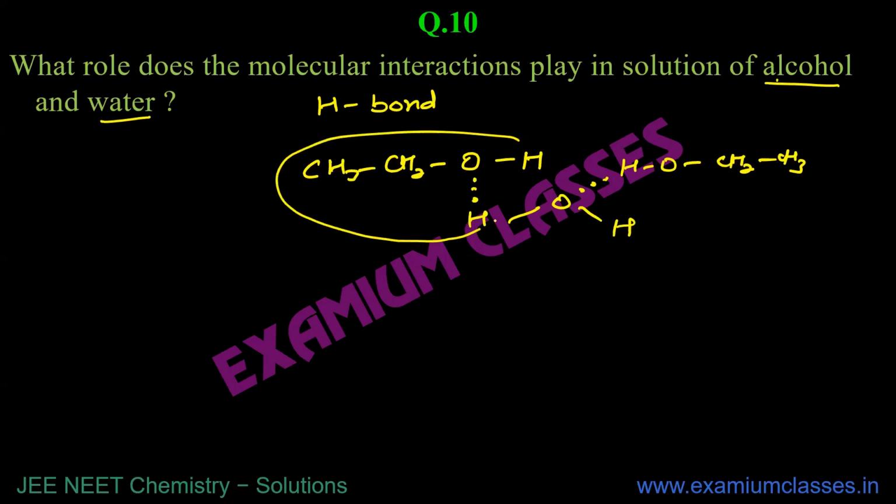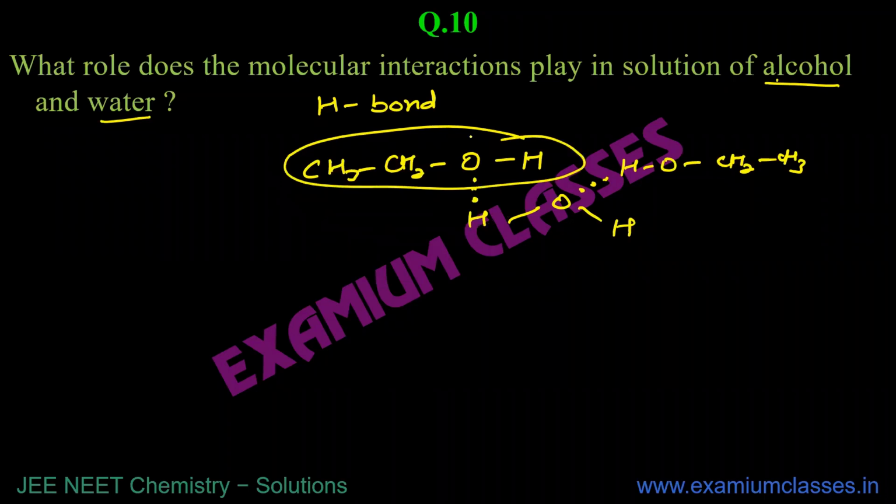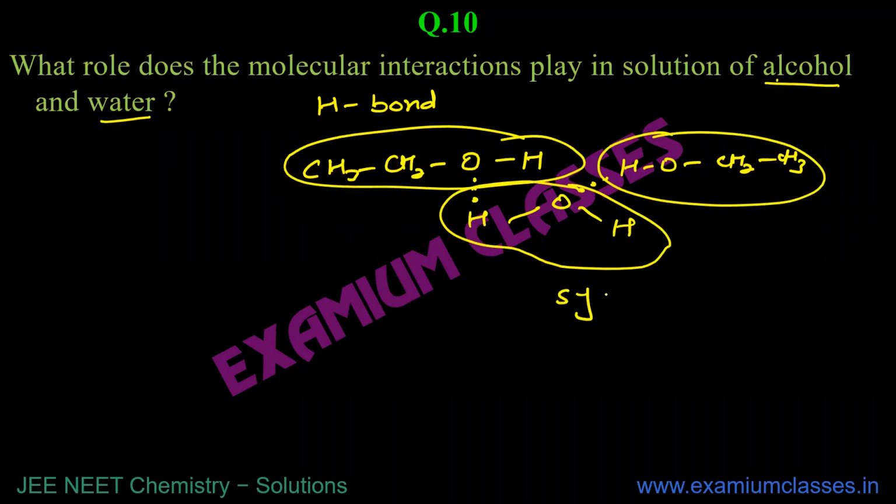One is an alcohol molecule, the other one is a water molecule, another one alcohol. So symmetry decreases. And you know what happens if symmetry decreases: the force of attraction will decrease. Good. So the interactions between alcohol and water will be weaker.